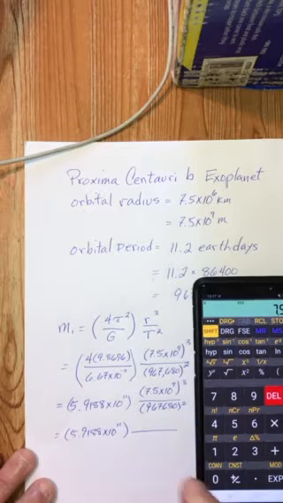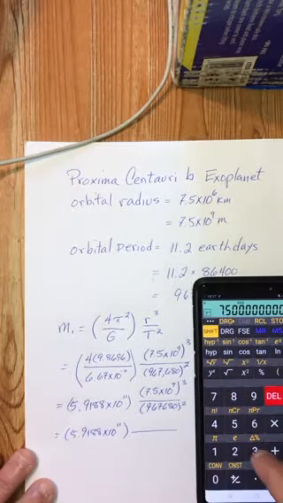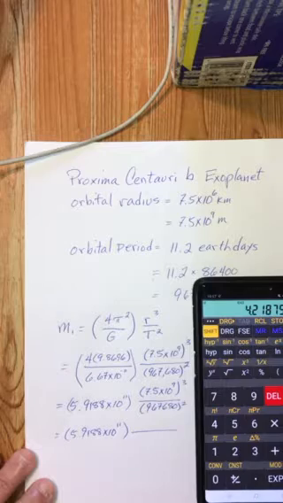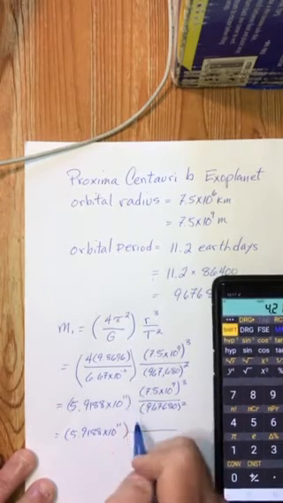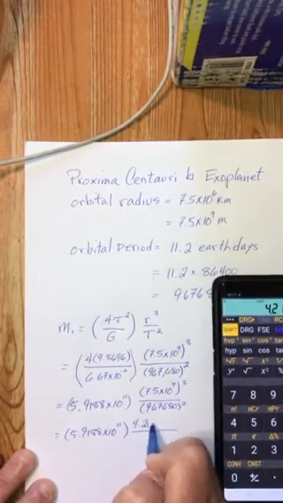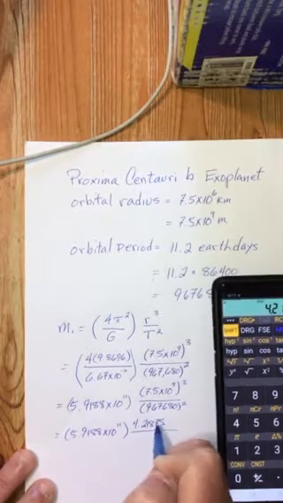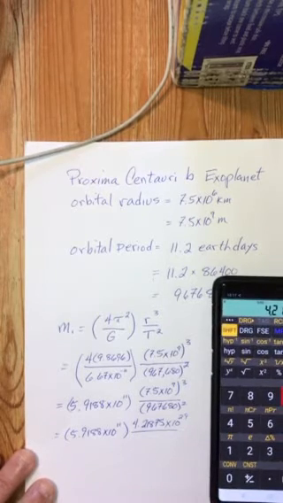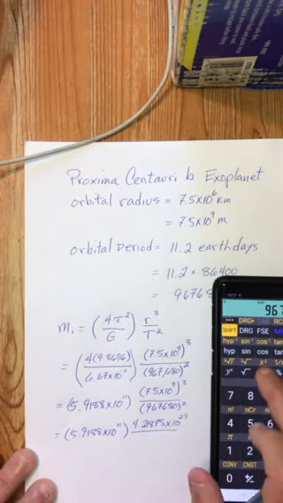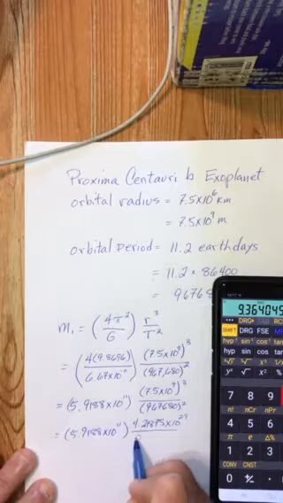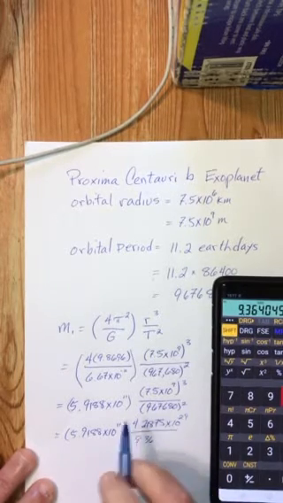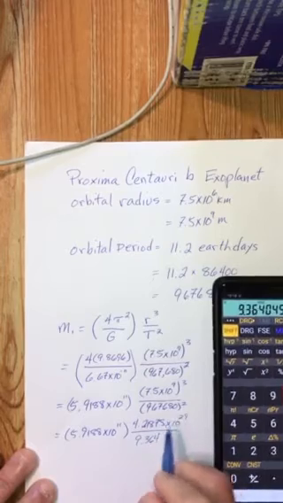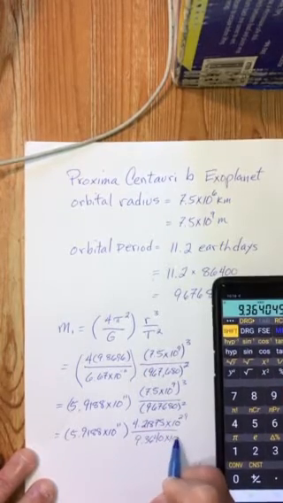So we use this y to the x key and then put the third power, and we get 4.21875 times 10 to the 29th power. Okay, and then in the denominator we had 967,680, and we're going to square that, which gives us 9.3640 times 10 to the 11th power.